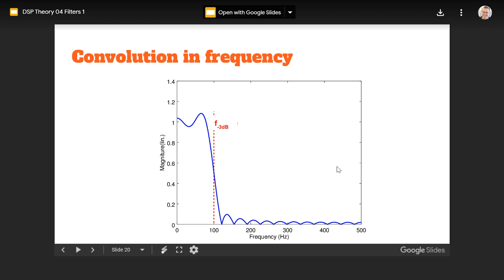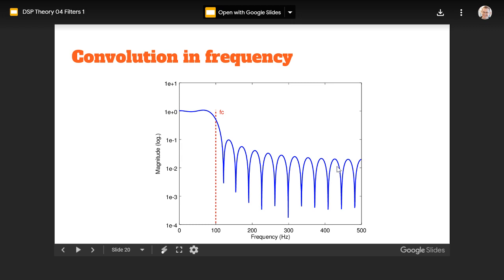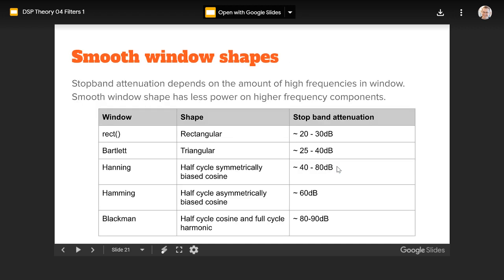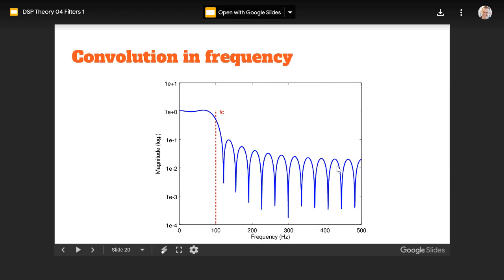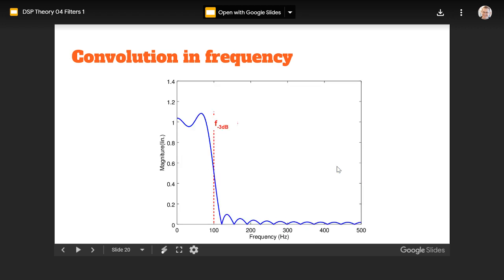You have control of the cutoff frequency, but we also have this anomaly, so the stop band attenuation is not perfect, not even close, in magnitude on a logarithmic scale. The stop band attenuation is not even close to what it should be.